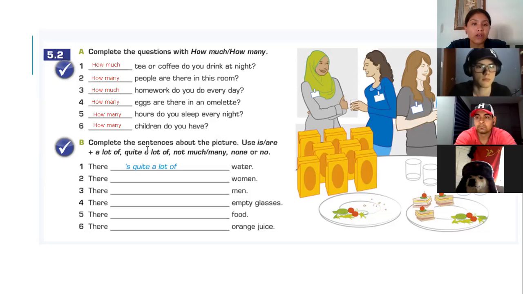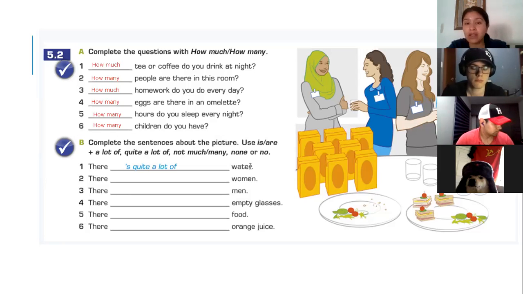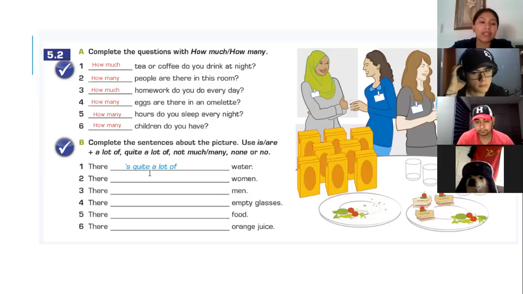Now it says, complete the sentences about the picture. Use is, are, plus a lot of, quite a lot of, not much, not many, none, or no. Recuerden que cuando uso no, tengo que usar no más el sustantivo, ¿ok? Entonces, antes de colocar a lot of, quite a lot of, much, many, none, tengo que agregar el verb to be.